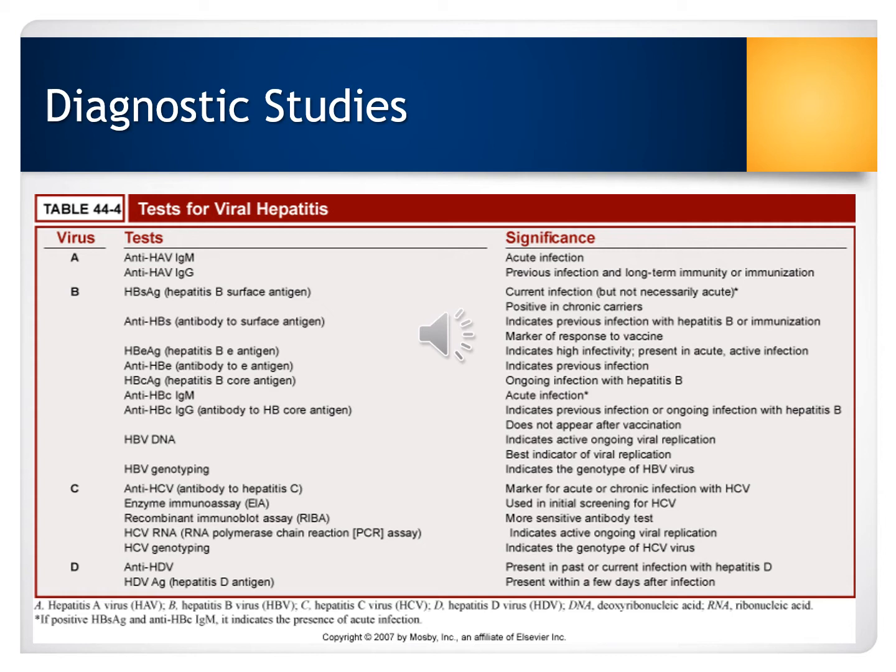The only way to distinguish between the various types of hepatitis is to test the patient's blood for specific antigens or antibodies. The different tests for viral hepatitis are presented here.